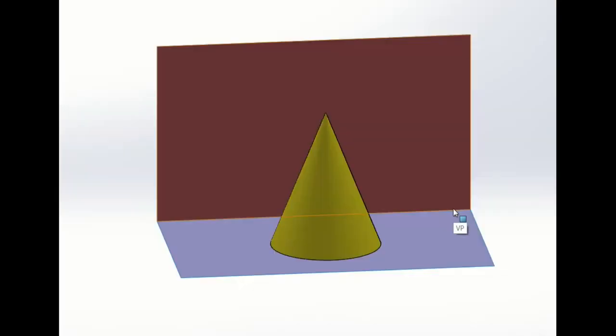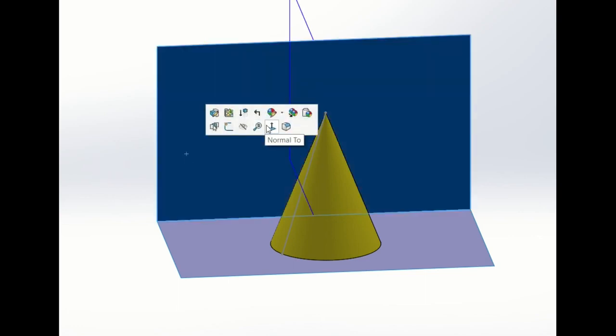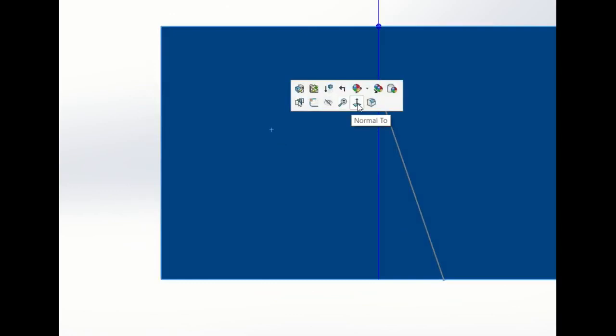So here's our cone, and here is our generator on that cone. Once again, we'll take a view looking perpendicular to our vertical plane so that we can see our elevation.